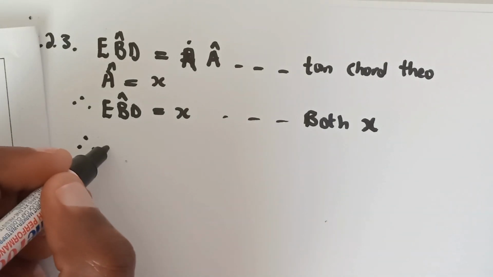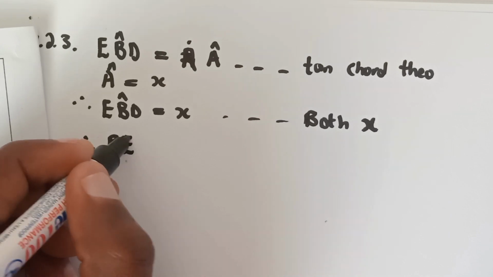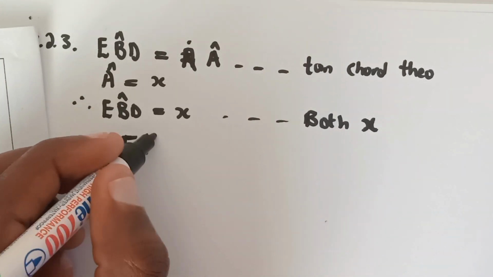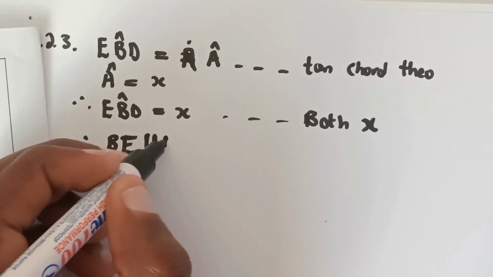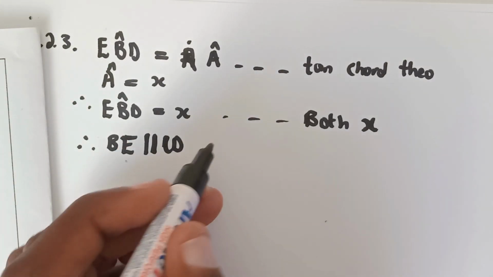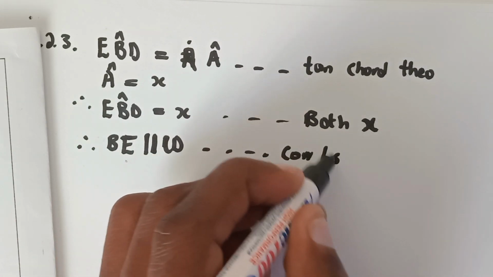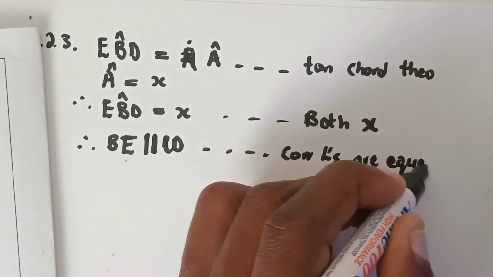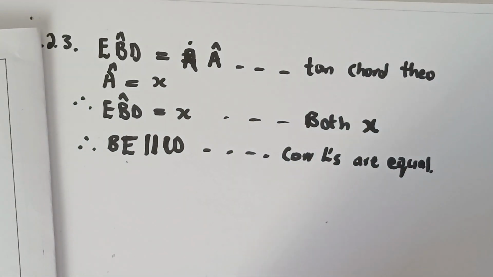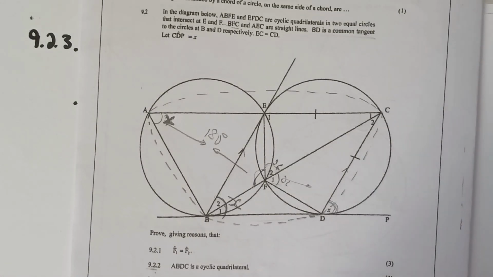Therefore BE, the one that we had to prove, is parallel to CD because corresponding angles are equal. Then we are done with 9.2.3, and let's get into 9.2.4.